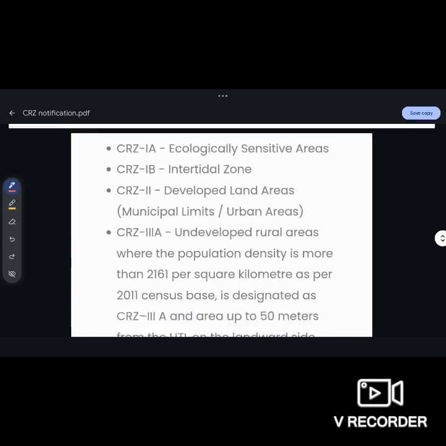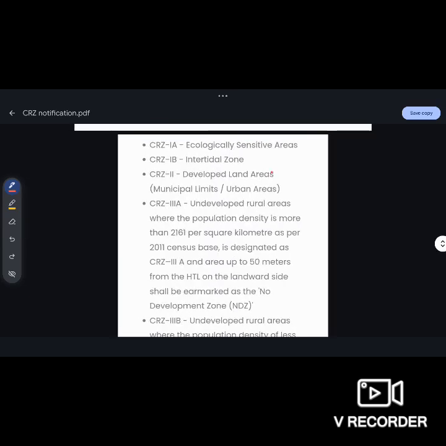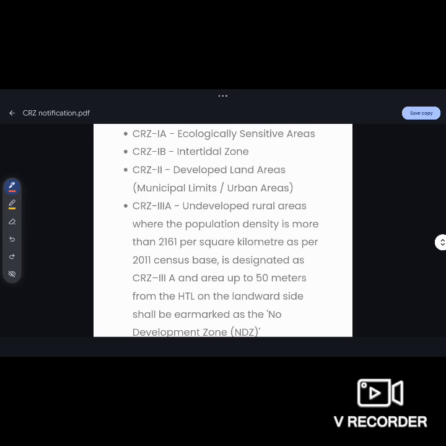Now let's proceed further. Under this notification of 2019, the government categorized all coastal regulated areas into four zones. We will discuss every zone one by one. First, let's take a look at CRZ 1. This has been subcategorized into CRZ 1A and CRZ 1B.